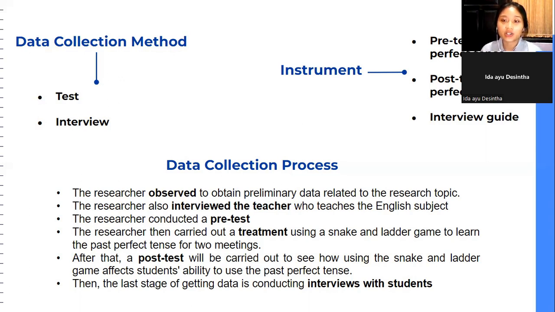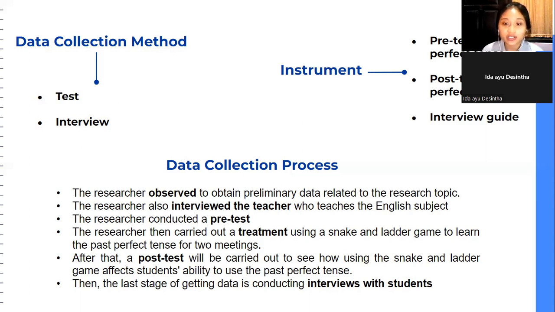So in the data collection process, the researcher firstly will observe to obtain the preliminary data related to the research topic. Next, the researcher will also interview the teacher who teaches the English subject. And then the researcher will conduct a pre-test.